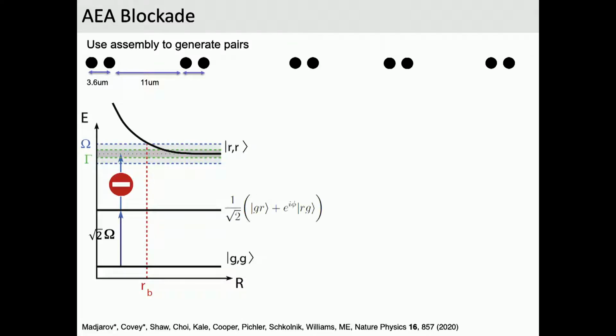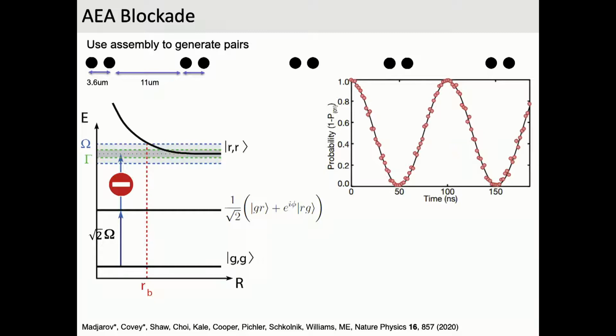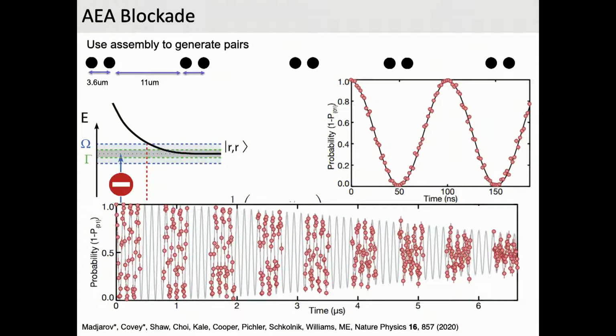And if you think about the physics a little bit more carefully, it turns out the Hamiltonian should excite a superposition state. That's essentially a Bell state, and this excitation frequency should now be enhanced by a square root of 2, and we see this nicely in the experiment. I'm not showing the square root, but it's exactly a square root of 2, and we see a very high contrast oscillation for going into this manifold. You can do this over longer time scales.